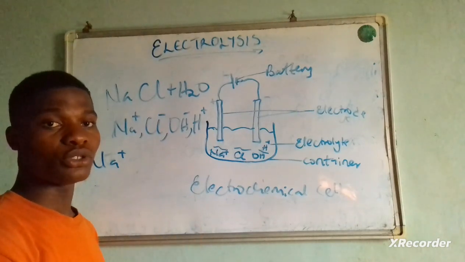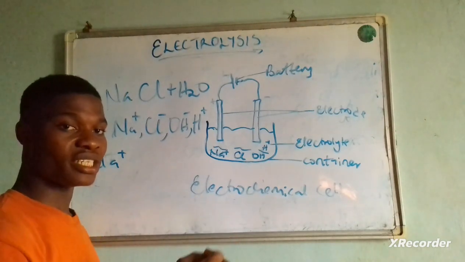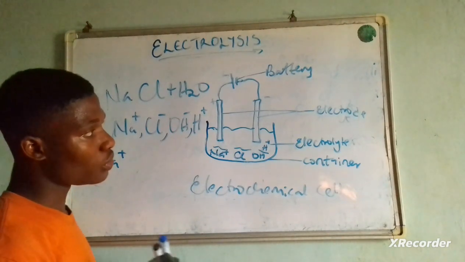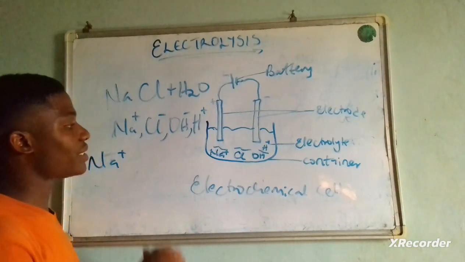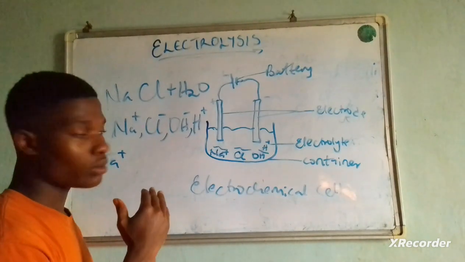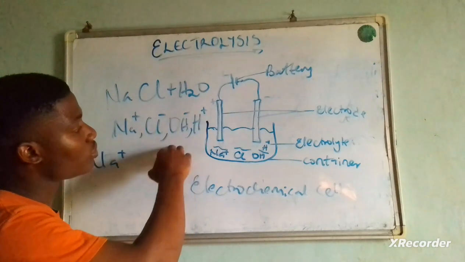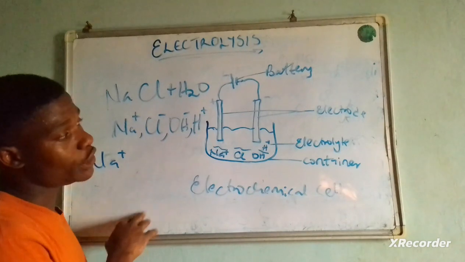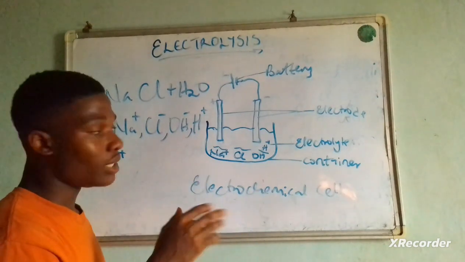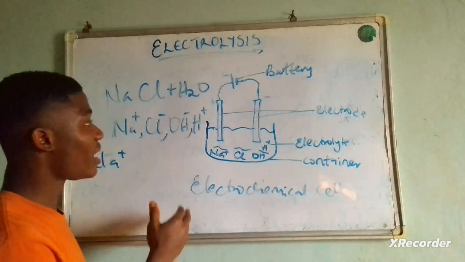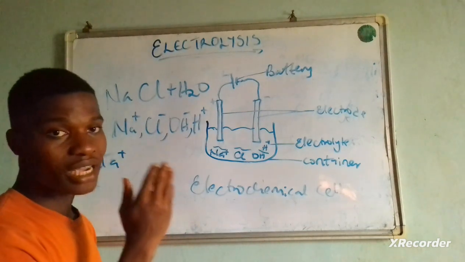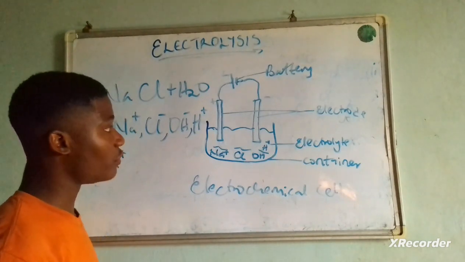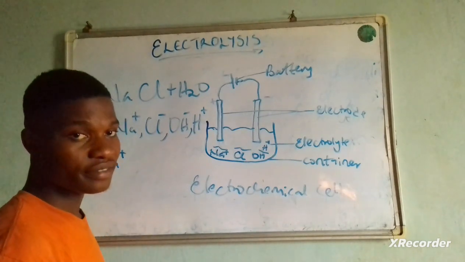And when they migrate to the electrode, something is going to happen. One needs to be discharged at that electrode. First of all, I want you to understand that sodium and hydrogen are positive ions, and because they are positive ions, they will migrate to the cathode, which is the negative electrode, whereas chlorine and hydroxide ions will migrate to the anode because they are negative ions.